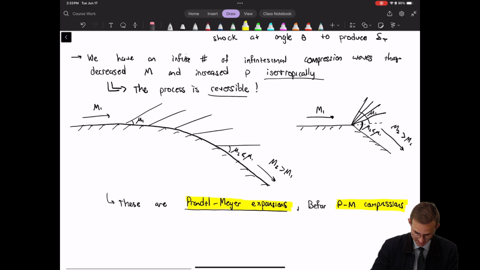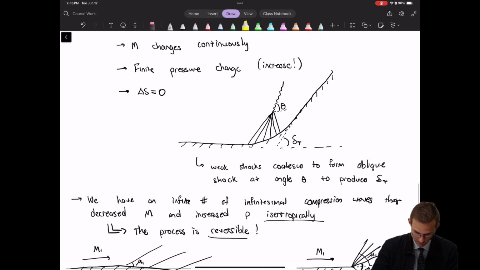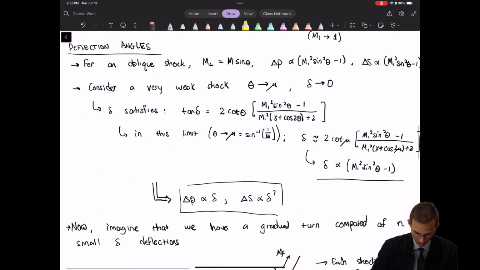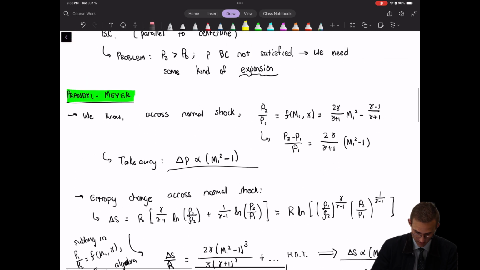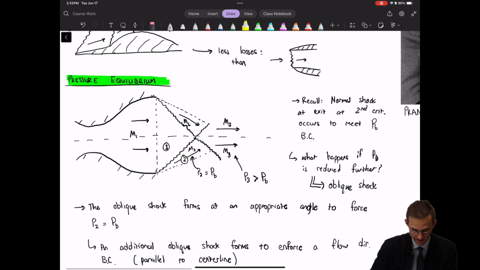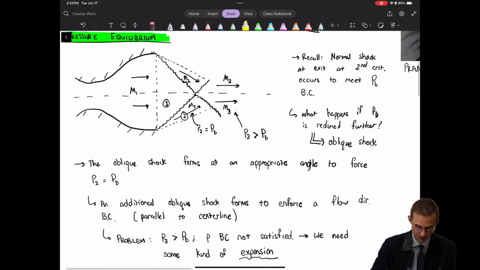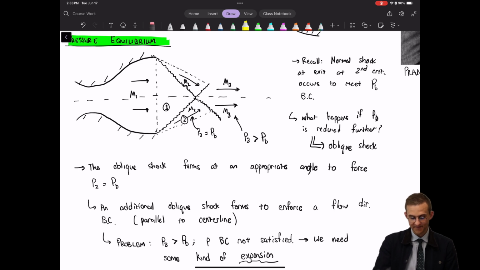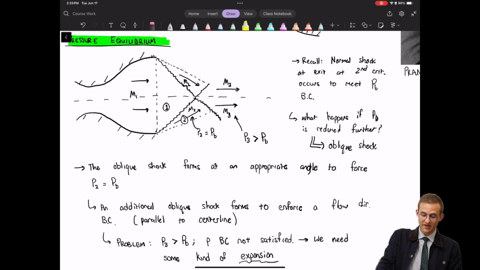So that's the general idea here. Just to recall, why did we go into this? Well, we had this nozzle structure where we knew that after a few changes in direction, we were going to have a pressure that was too high to meet the pressure boundary condition, and we needed some sort of mechanism that allowed the flow to expand to meet the pressure boundary condition again.